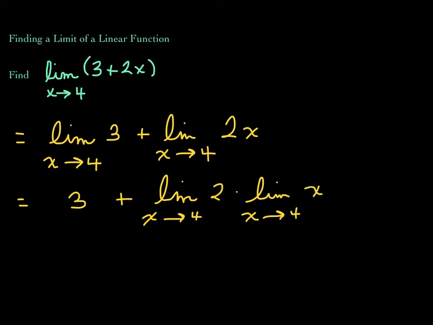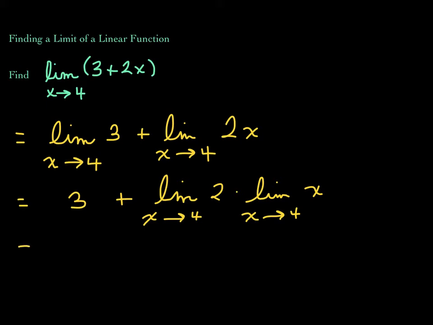That's the product rule. Now, this is a constant again, so the limit of 2 as x approaches 4 would just be 2. And then this is the identity function: the limit of x as x approaches 4 will be 4. So I'm going to use the constant rule and the identity function rule.